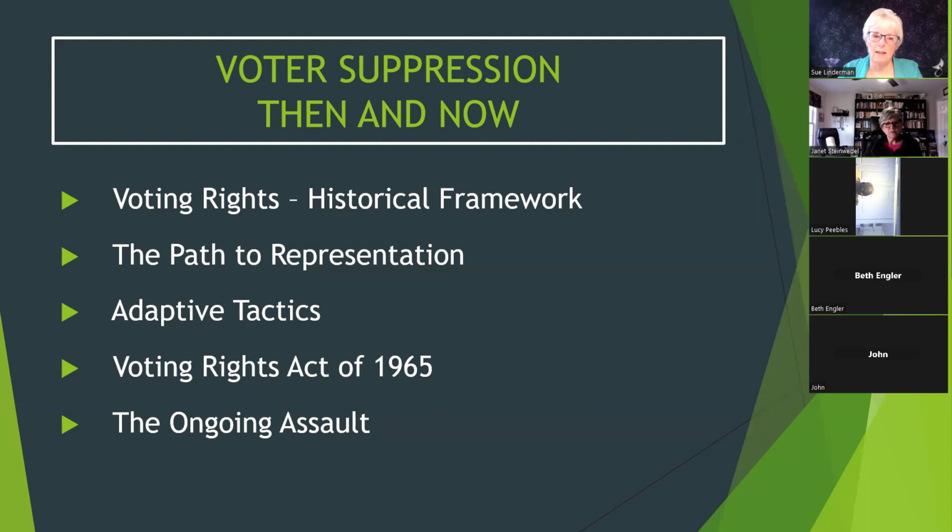We'll look at the transformative Voting Rights Act of 1965 and the consequences of the Supreme Court decision in Shelby County v. Holder in 2013, and specifically the various phases of the ongoing assault attempting to prevent certain of our population from being able to exercise their right to vote.